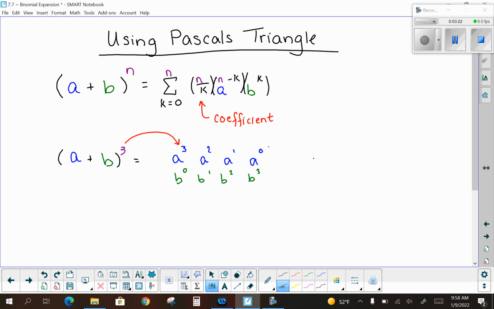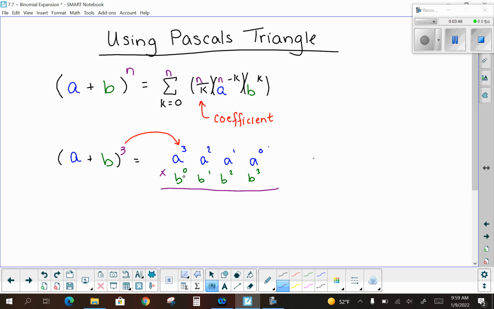And then it's fairly simple. What we're going to do is multiply those two things together to make our a, b terms. Now, a and b could be positive or negative. Remember, if we have a minus sign in our binomial, that would be attached to the b term, and we'd have to honor that. And we'll see that when we do some examples.